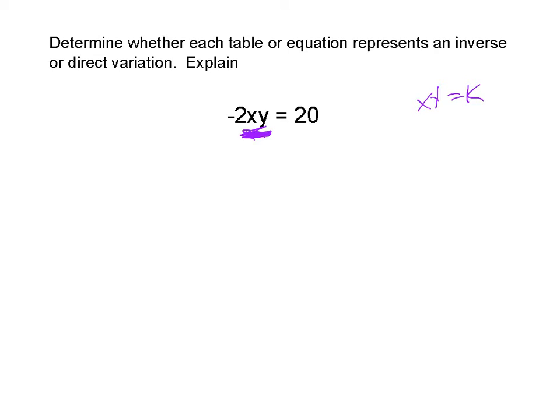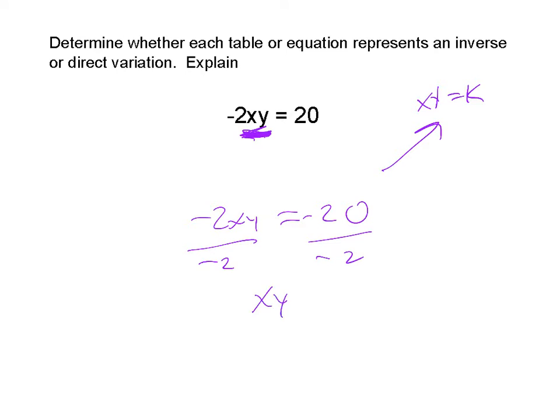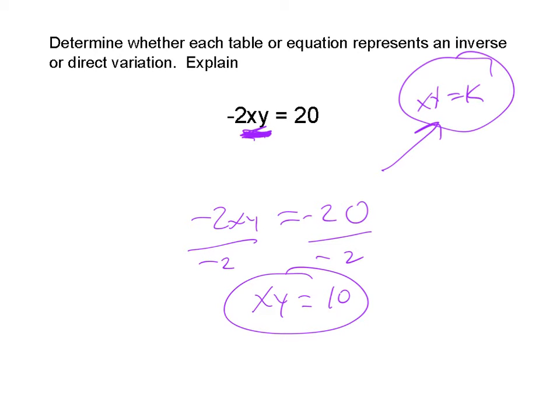The way you can explain that is, notice I can write it in this form really easily. All I'd have to do is divide both sides by -2, and I get xy equals 10. So I know it's an inverse variation because it can be written in this form. That would be an easy way to explain it: it can be written in xy equals k form.